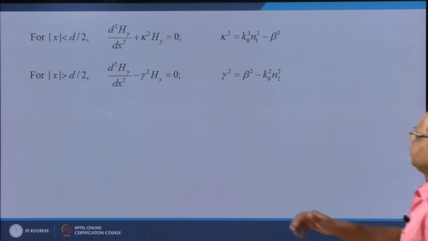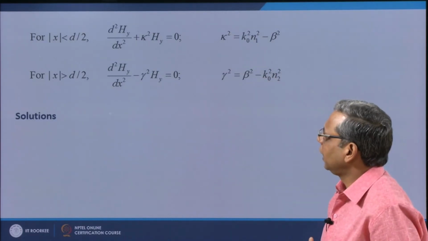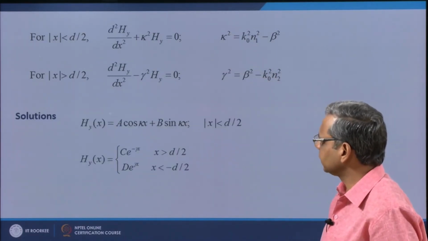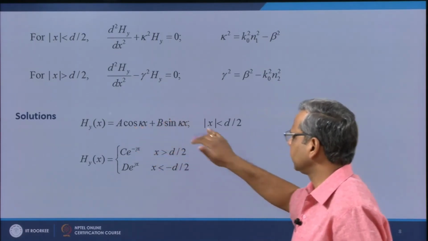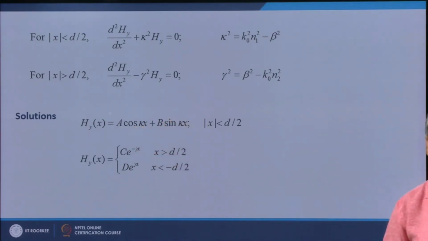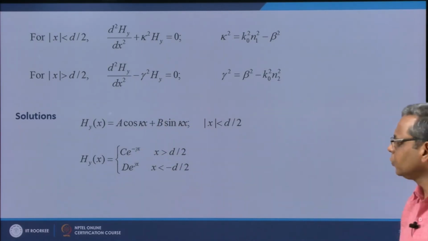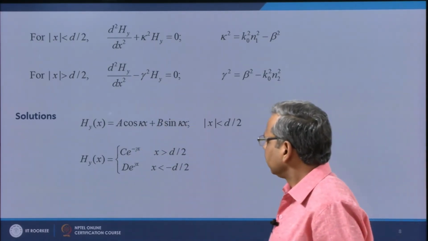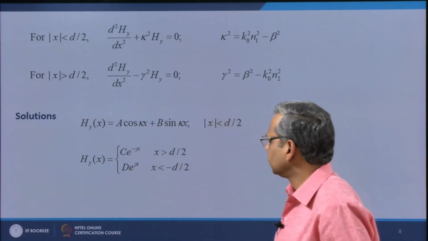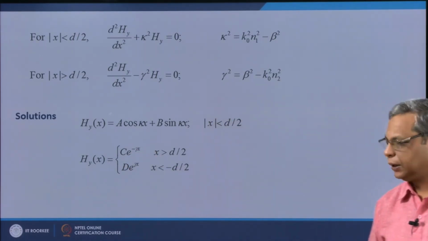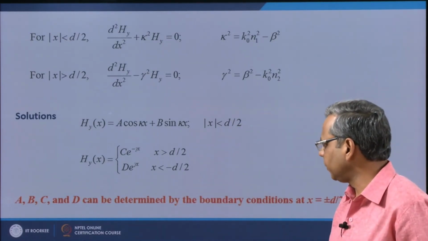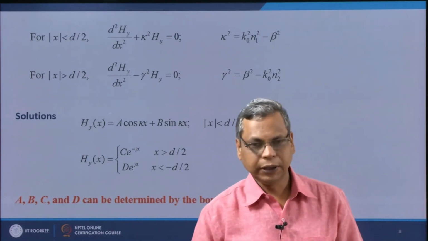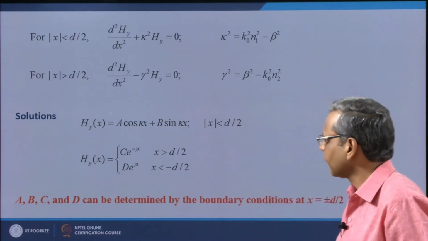The solutions are again exactly the same: Hy is equal to a cosine kappa x plus b sine kappa x for mod x less than d by 2, and the decaying solutions for mod x greater than d by 2. Again a, b, c and d can be determined with the help of boundary conditions.